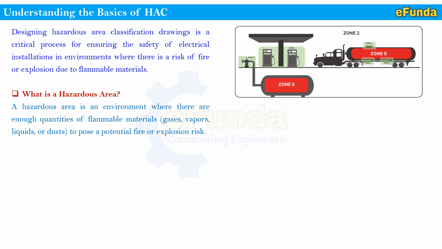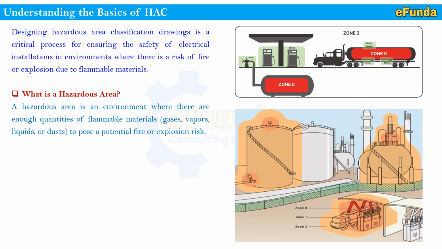Also, one can refer to the second picture where the classification markings of zone 1, zone 0 and zone 2 are done, where the tanks are indicated with various different colors. The nomenclature and identification of these colors we will also see in detail during this video.